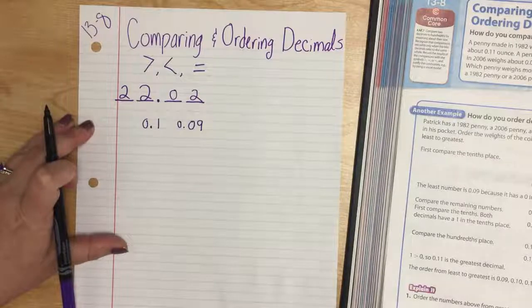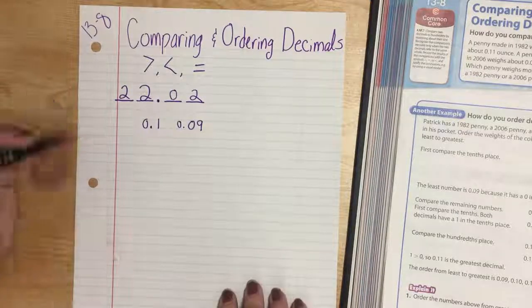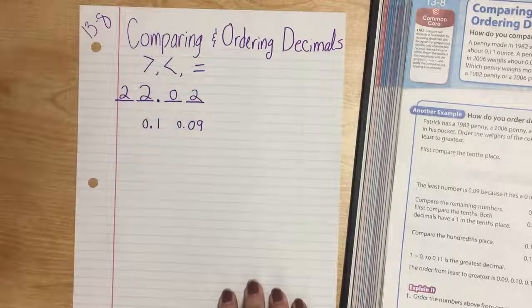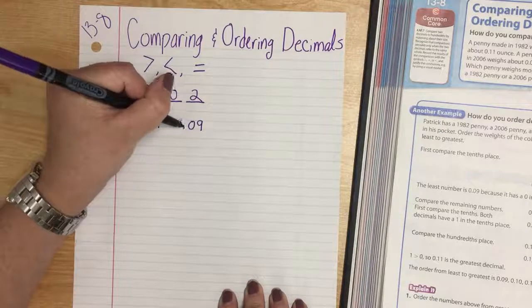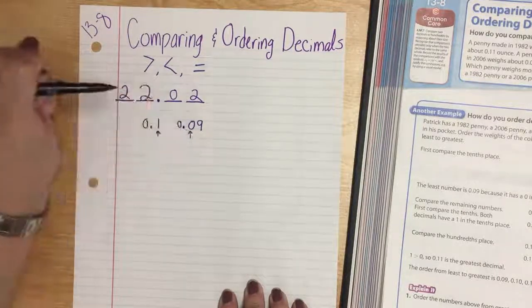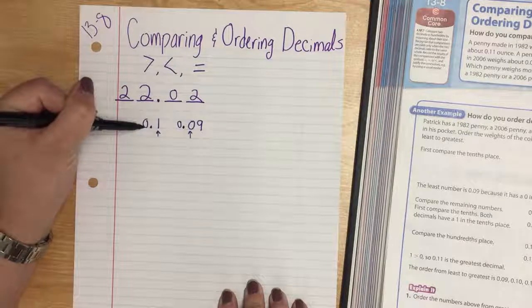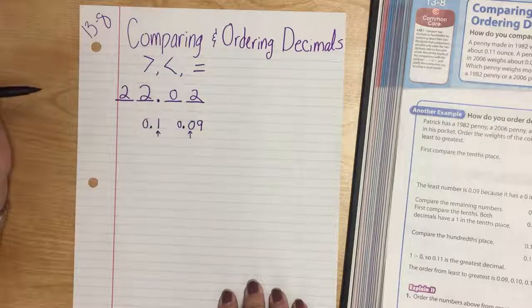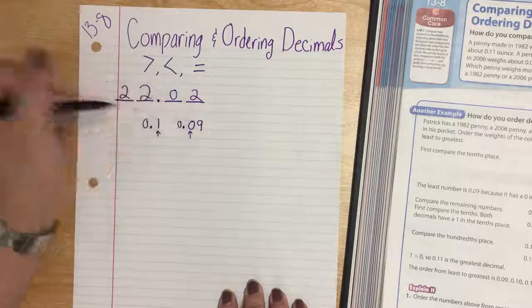Technically, when I look at it, my brain first might mistakenly go, oh, 9 is bigger than 1. But that's not the case. You always look at the first number after the decimal place. Sometimes you even have to look before the decimal if there's a whole number. But in this case, I've got 0 whole numbers.